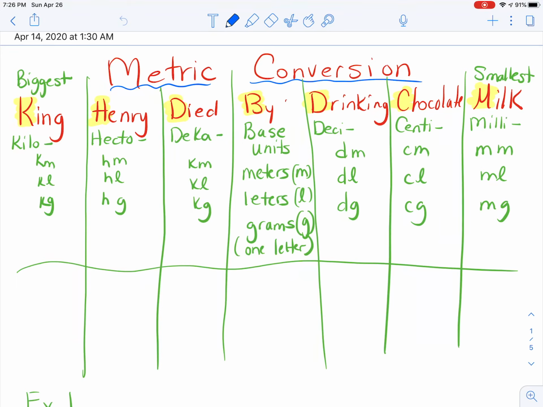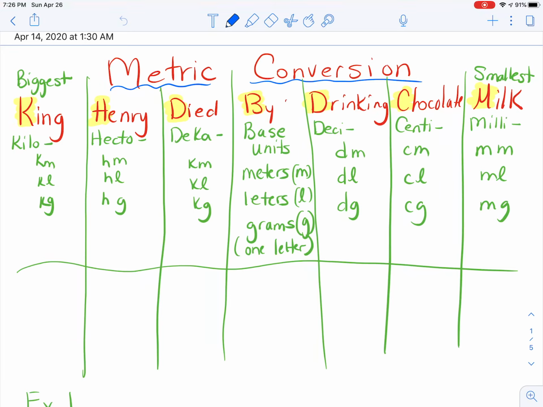The K stands for the biggest unit, which is kilo. That's the biggest prefix. The H stands for hecto. The D stands for deca, D-E-K-A. The B stands for base units, and that's whether you're dealing with meters, liters, or grams, and those are only represented by one letter.